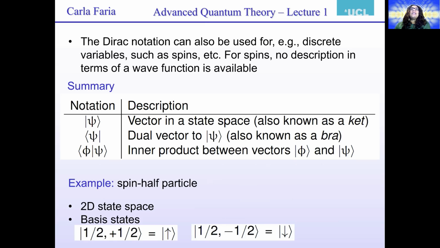For instance, if you want to see how the Dirac notation can be used for discrete variables, have a look at the spin-half particle. This particle defines a state space which is two-dimensional because it has two base states. So you can have spin up, which corresponds to s equal 1/2 and m_s plus 1/2.